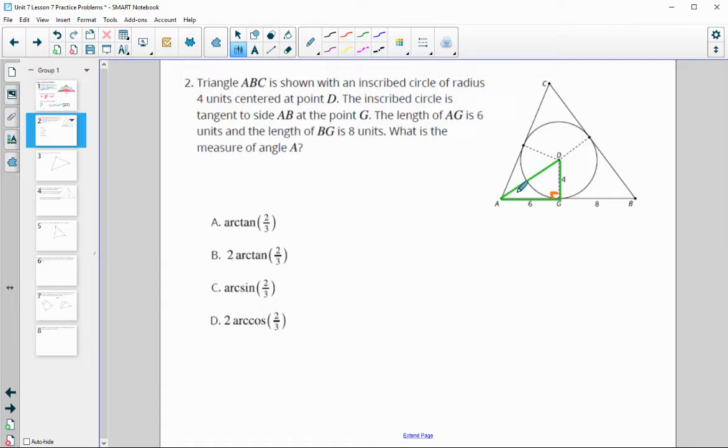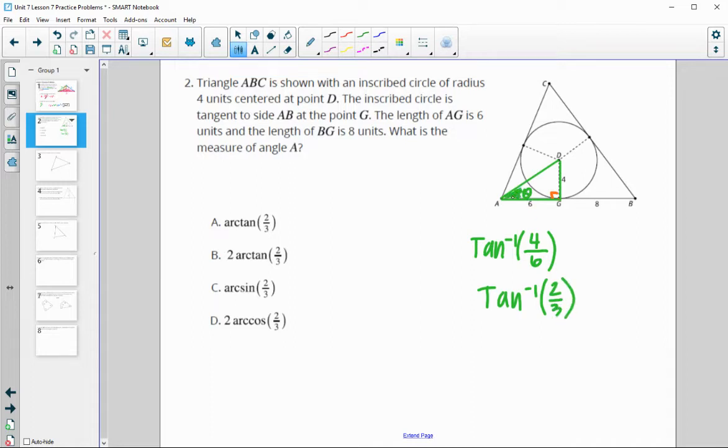If we take a look at this angle here, we could find it by doing tan inverse of the opposite side, which is 4, over the adjacent side, which is 6. That should give us just that little half of angle A. Now, 4 over 6 isn't one of our answers, but if we simplify it, that's 2/3.